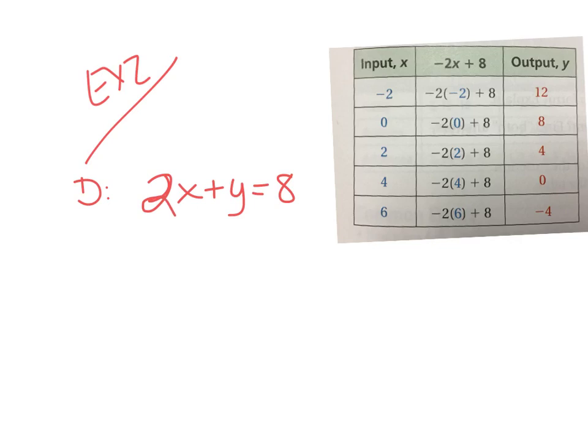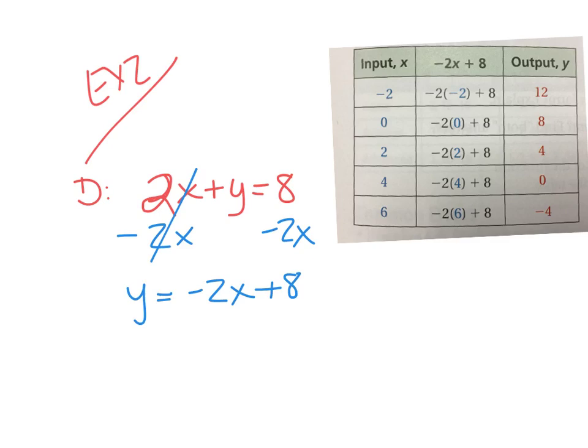How would I get this in function form? Anthony, what's my first step? I gotta get the y by itself. You subtract the 2x, not the y. Yeah, my bad. It's all right. So I'm left with y equals -2x plus 8. Is that in function form? Yes.